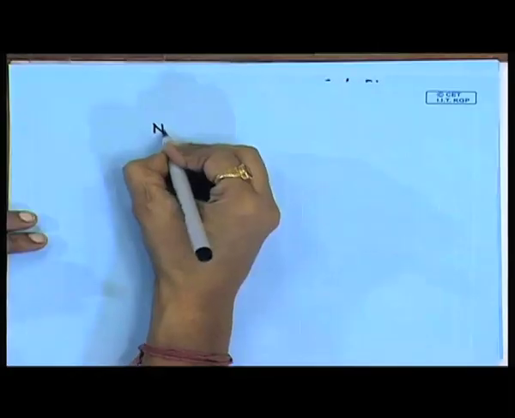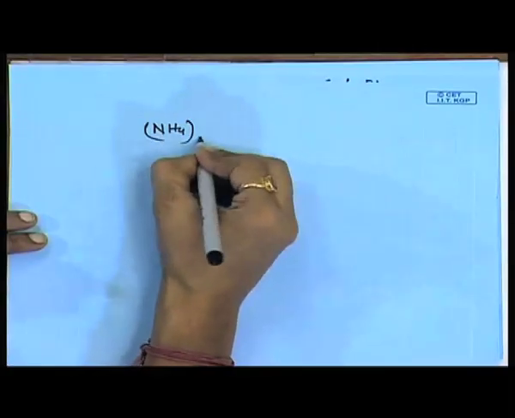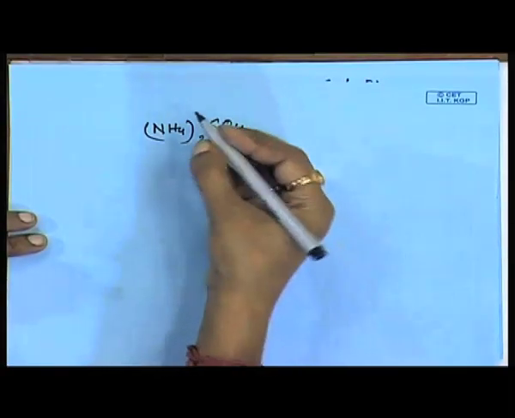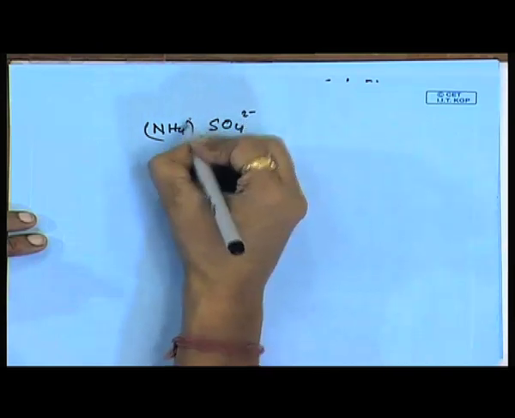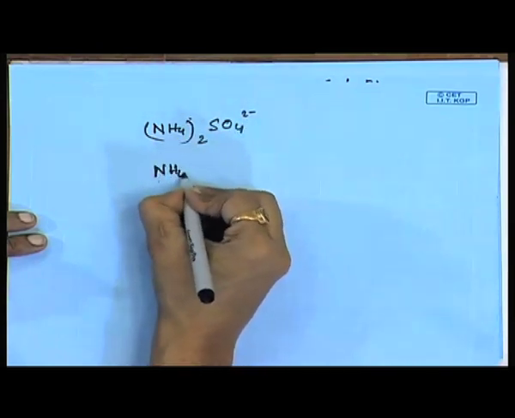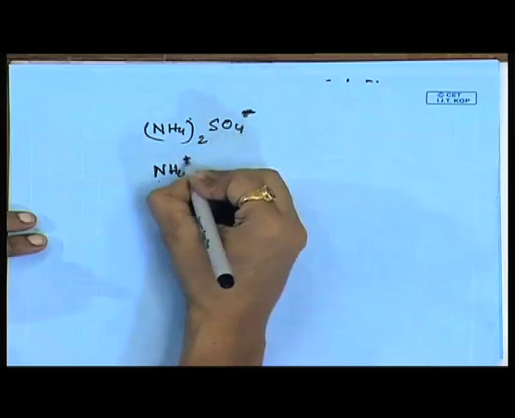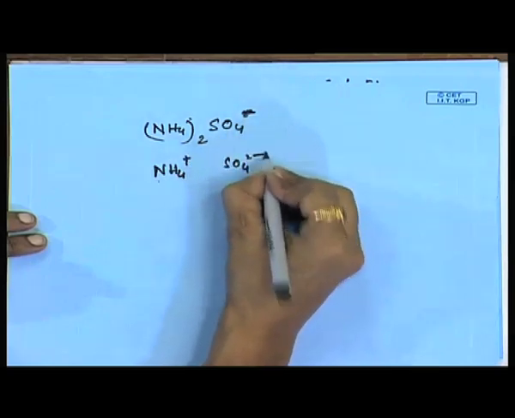We know that ammonium sulfate is one of the salting out, precipitating agents. In ionized condition, we get NH4 plus and SO4 minus.